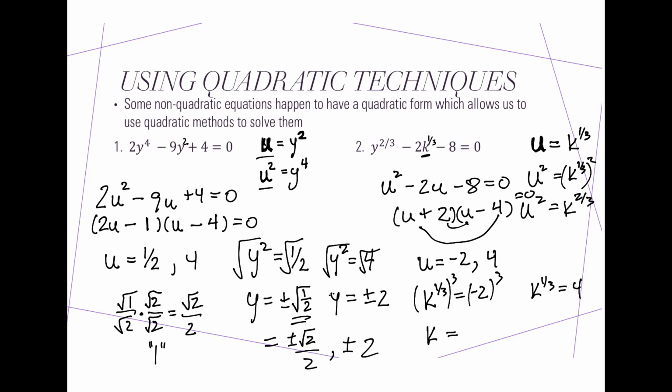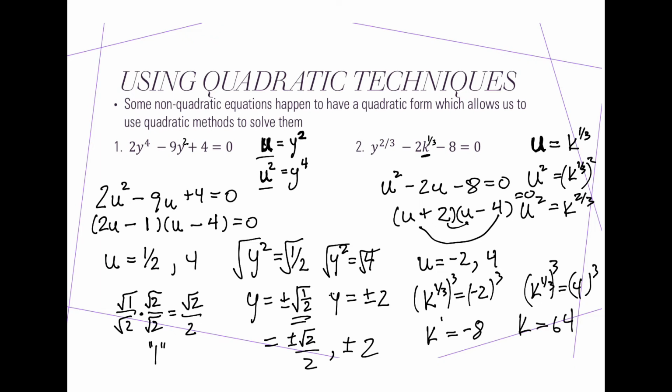Remember, powers to powers, we multiply those numbers, and 3 times a third is 1. So that's k to the 1 equals, in this case, negative 2 to the third, which is negative 8. And here, do the same thing. That gives me k equal to 4 cubed, which is 64.